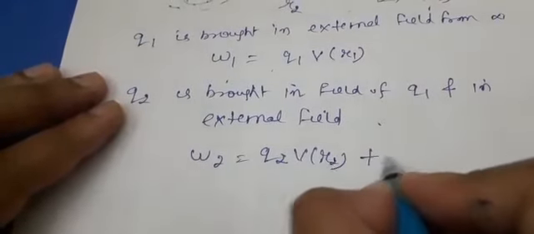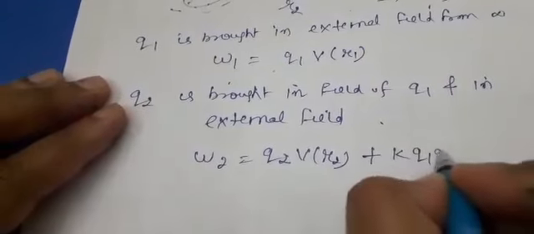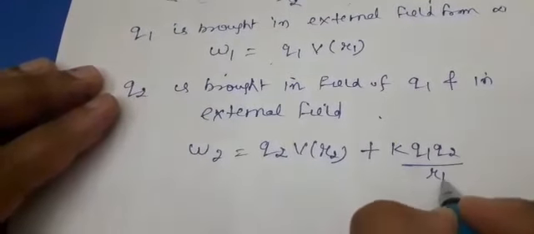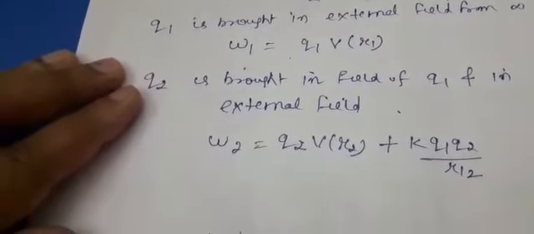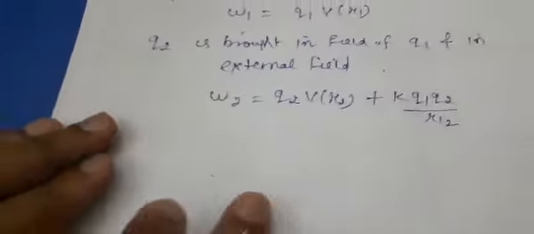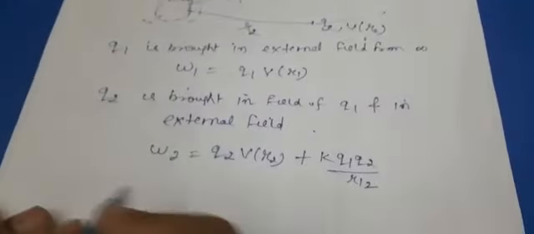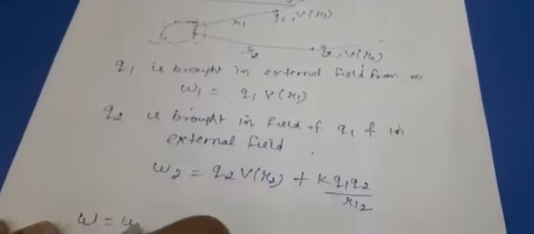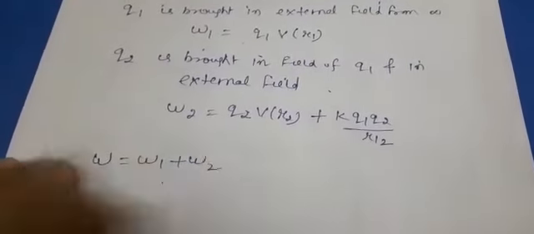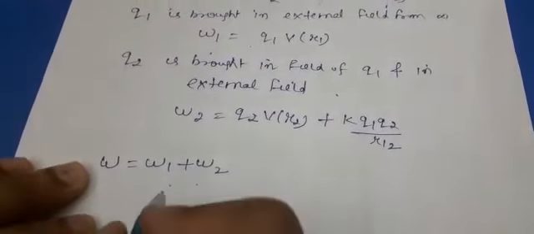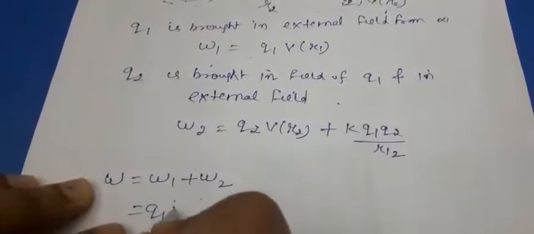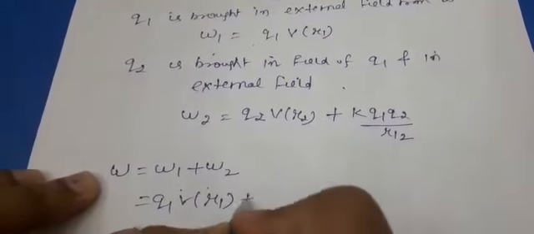And due to Q1, this will be K Q1 Q2 by R12. So that's it. Now we just have to sum it up because it is for 2 charges. Total work done will be W1 plus W2. So simply you are adding. This is also an important part.